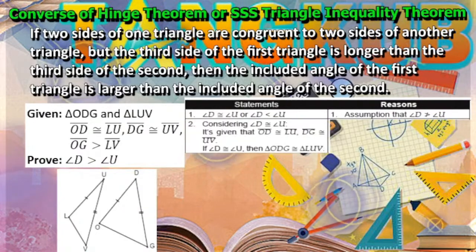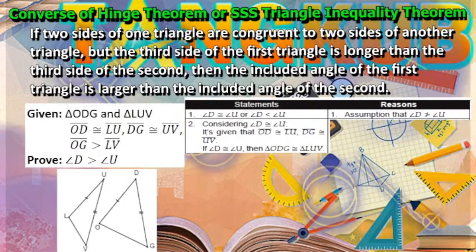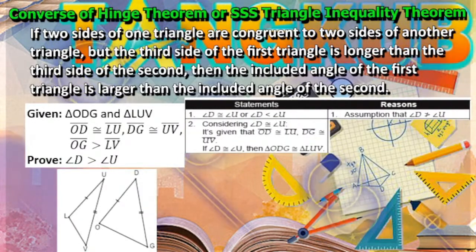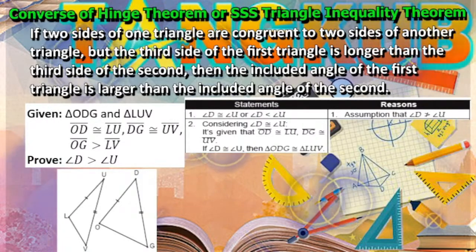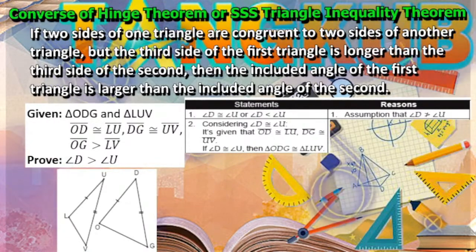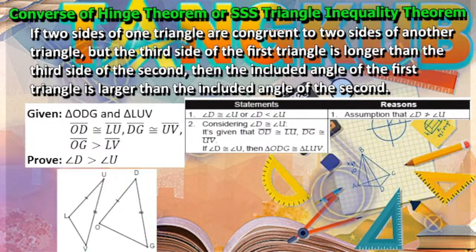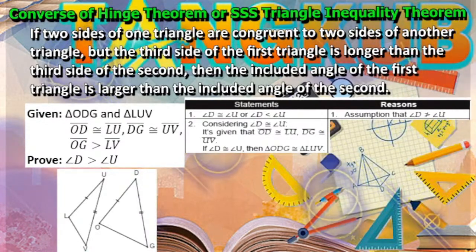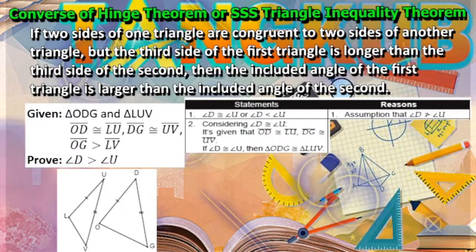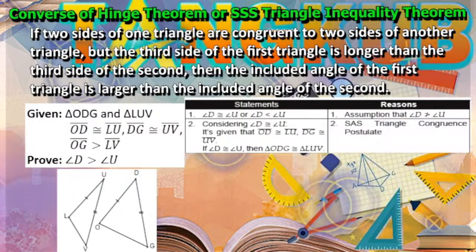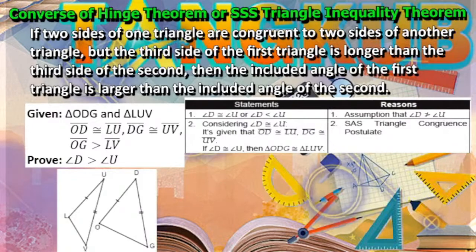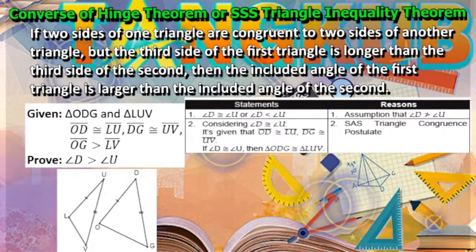Now considering angle D congruent to angle U, it's given that side OD is congruent to side LU and side DG is congruent to side UV. If angle D is congruent to angle U, then triangle ODG is congruent to triangle LUV. Reason, SAS or side-angle-side triangle congruence postulate.